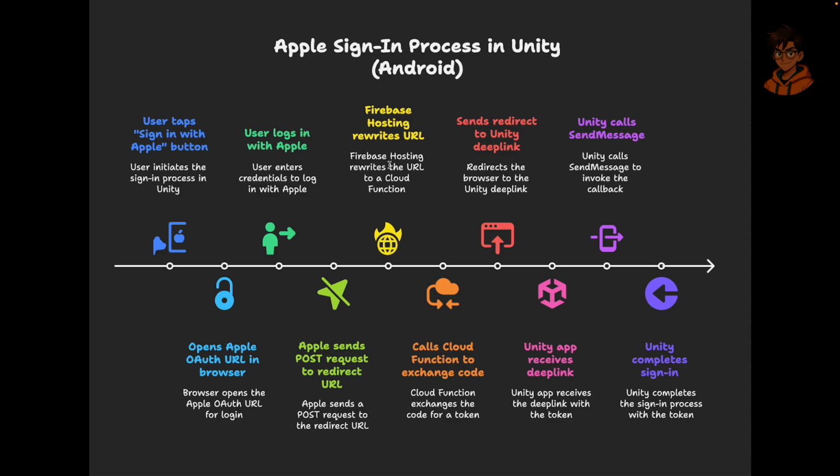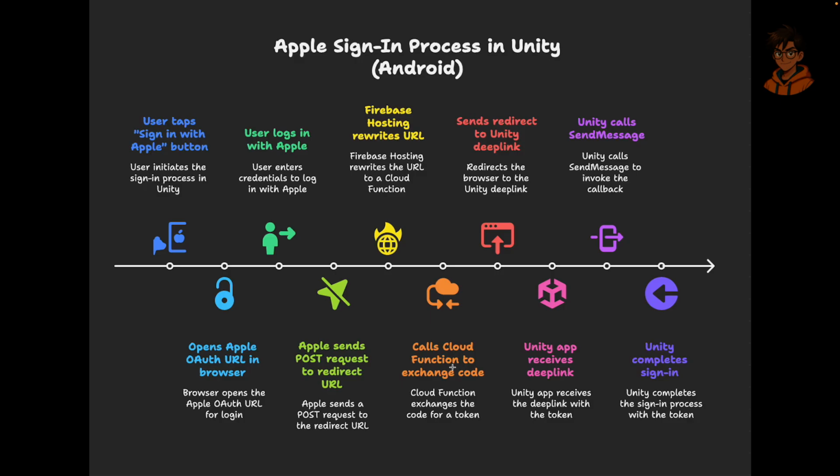After, because it's very tricky, and this is why I was telling you in the video before, we need to exchange the post Apple sent us. We need to change this code to a token, and this is why we create another function to exchange this code Apple gives us for a token.